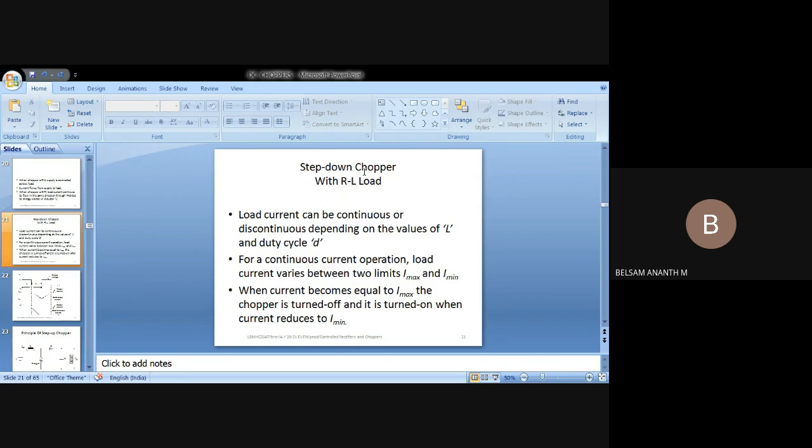Then from turn off to turn on, what will happen? Already the current is at the maximum position, then it has to come down, and the current is reduced to I min, the minimum current.